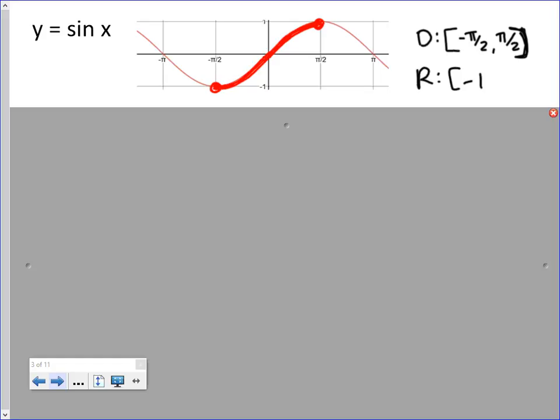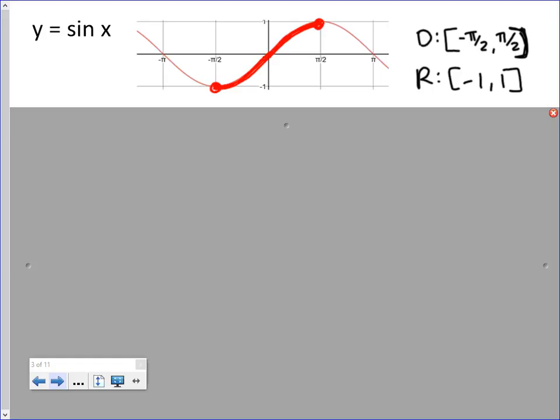So negative 1 to 1. Remember that if we take that graph, that's sine, and we would graph its inverse, we would switch the x and the y, which effectively switches domain and range. So this is going to be super important on the next slide, and you'll write this down.